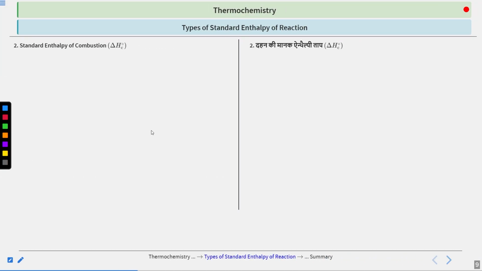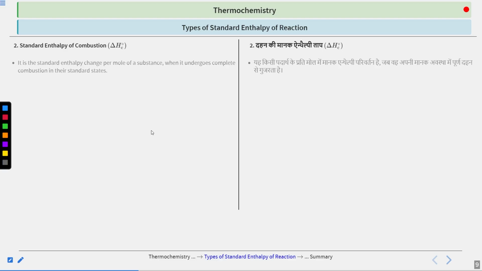The first type is the standard enthalpy of formation. The next type is the standard enthalpy of combustion. So what is standard enthalpy of combustion? It is basically the enthalpy change when 1 mole of a substance undergoes combustion in excess oxygen supply.